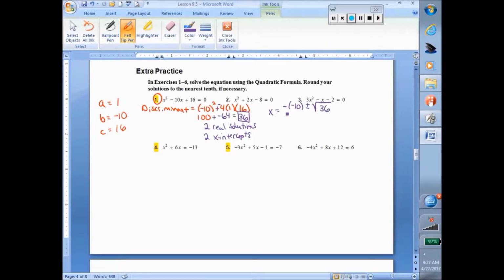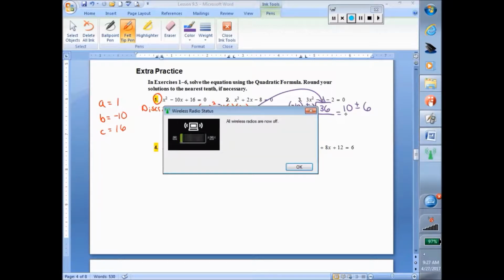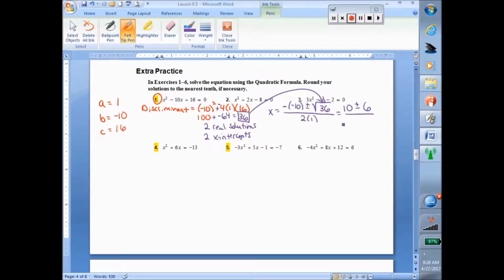So go ahead and just put 36 there. That is my discriminant. All divided by 2 times a. We have a negative 10 that becomes positive 10. Plus or minus the square root of 36 is 6. All divided by 2 times 1 is 2.